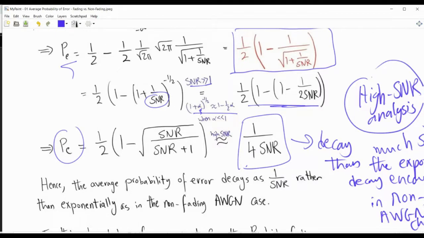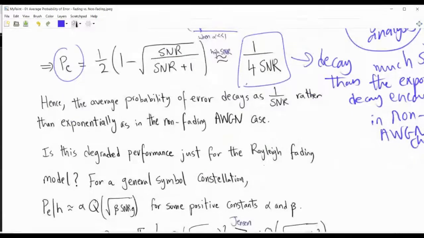This averaging step is because of this multi-path channel. If you don't have this multi-path channel, you do not do averaging, and you stop at the Q function. And the Q function decays exponentially. But here we have a decay that is much slower. It is 1 over SNR. Okay?